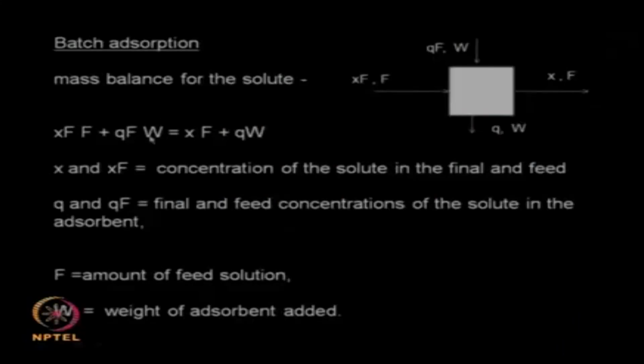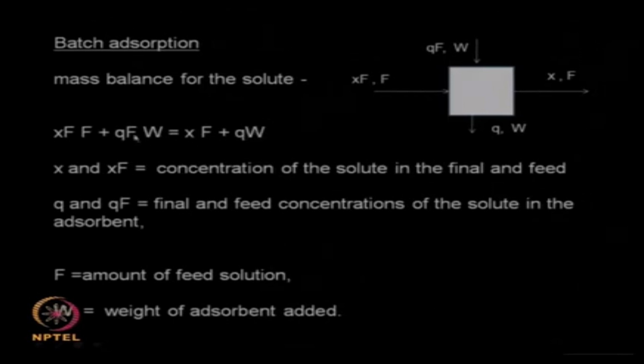Then similarly you are adding an adsorbent of quantity W with a certain concentration of the solute already adsorbed on the adsorbent, but generally if you are taking a fresh adsorbent QF will be 0. On the right hand side we have another term, the amount of adsorbent leaving the stage, and this is the concentration of the solute or the adsorbate that has been taken up by the adsorbent. So we have these 4 terms and this is called the operating line.